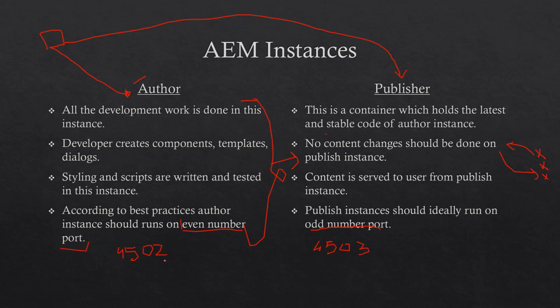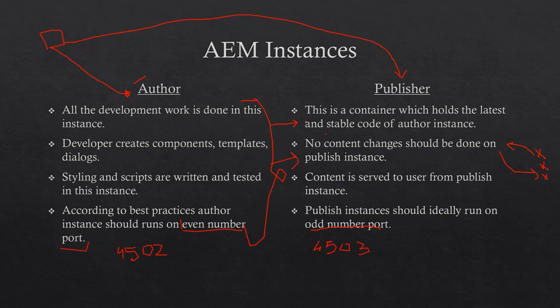Do author and publisher have the same functionalities, and you just use them for different purposes, or is there a functionality difference as well? Like what you can do with author, you cannot do with publisher, and vice versa. Generally, all the authoring is done in author, and then the page is activated and pushed to publisher.